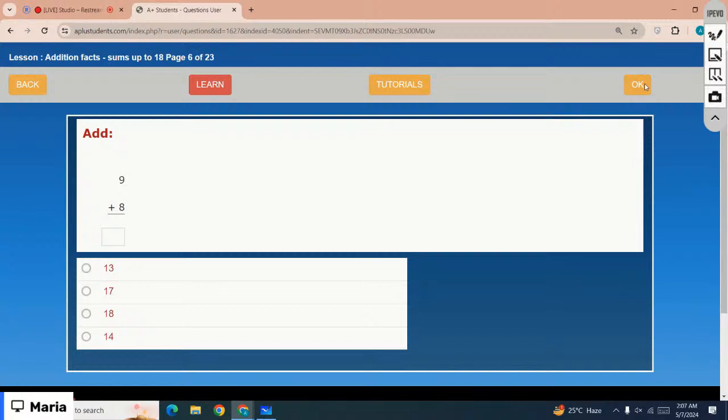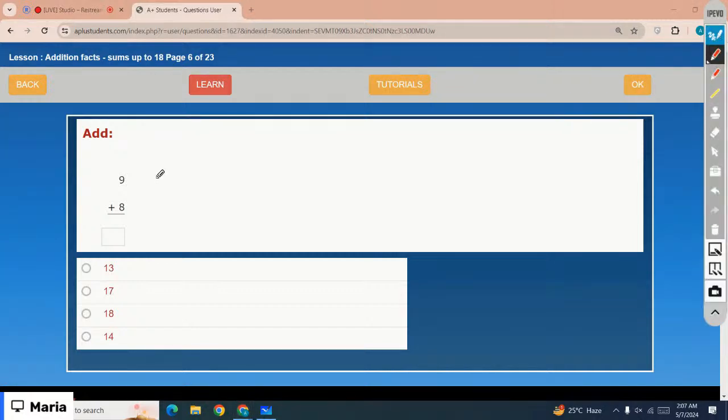The next one is 9 plus 8, which is the correct option. So start with 9 and count until 8. And let's just make 10, 11, 12, 13, 14, 15, 16, 17.